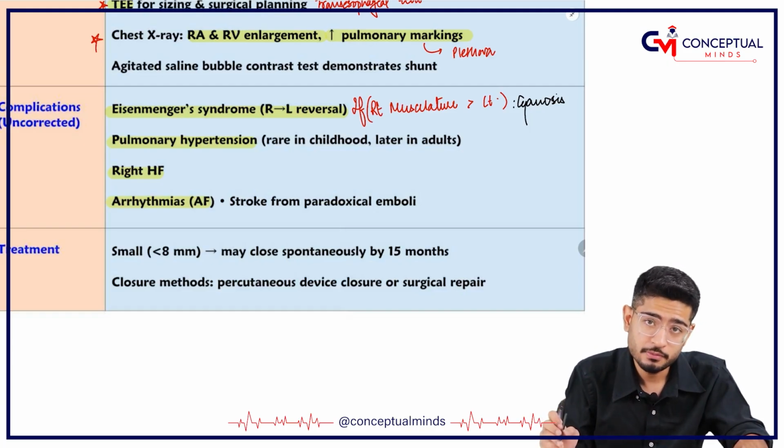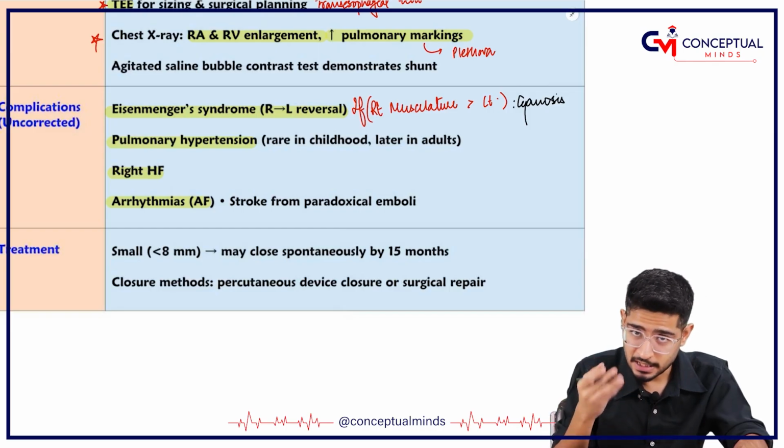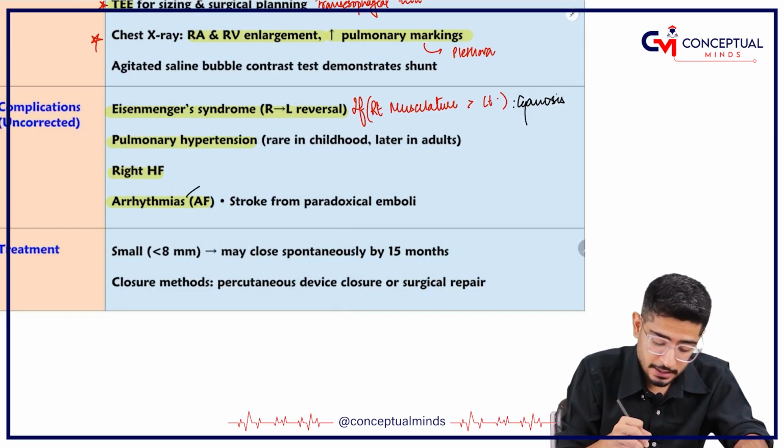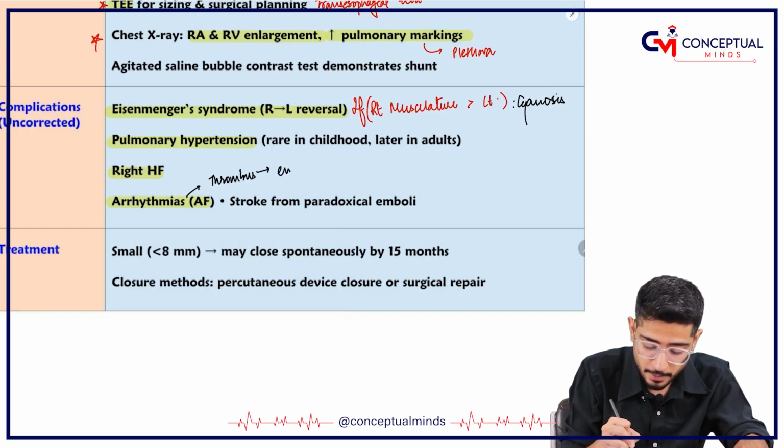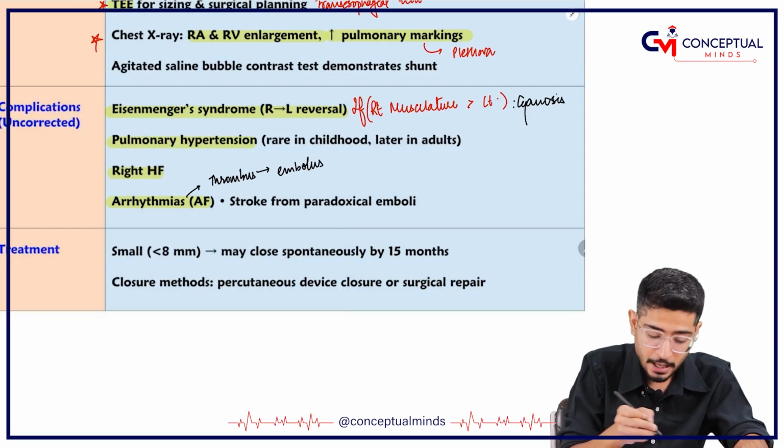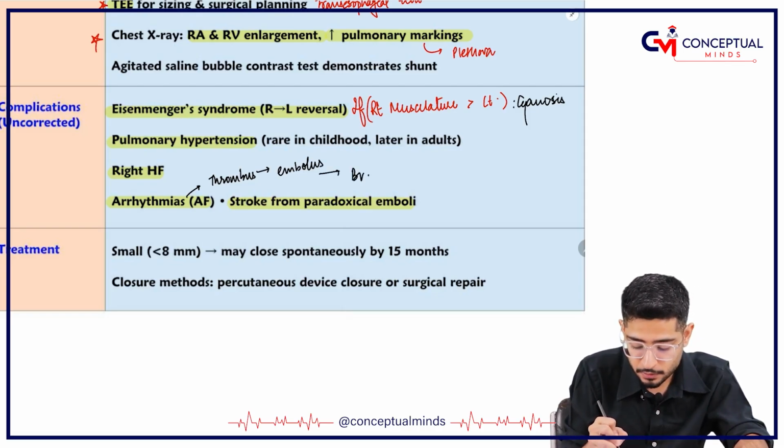And if you remember, arrhythmia can cause injury, and once there is injury, it can lead to thrombus formation, and from this thrombus it can lead to embolus formation, and then it can go to the brain. Once it goes to the brain, it can cause a stroke.